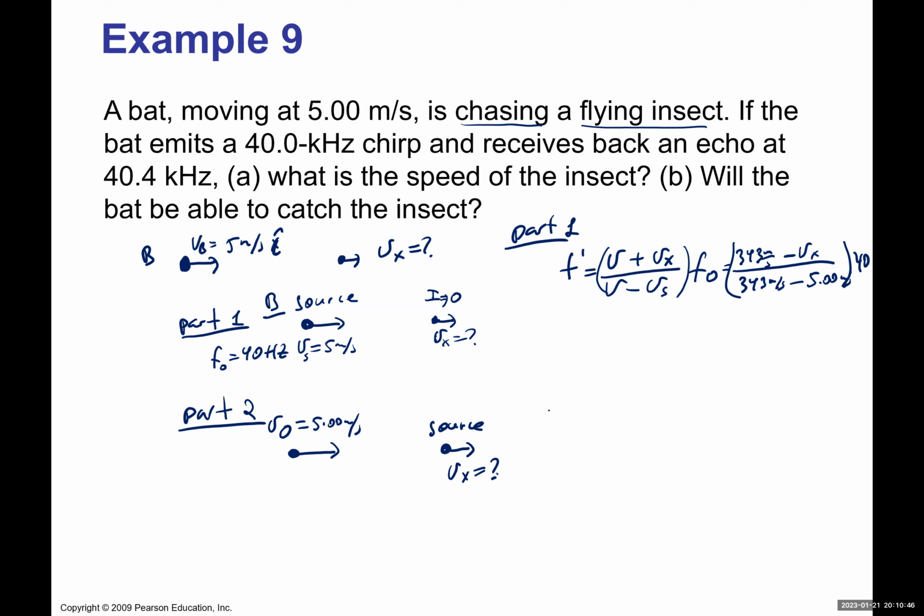Let's call this f double prime. Then this is equal to v plus v observer over v minus v source, times the frequency coming back, which is going to be f prime. If I write this down, this is 343 meters per second.